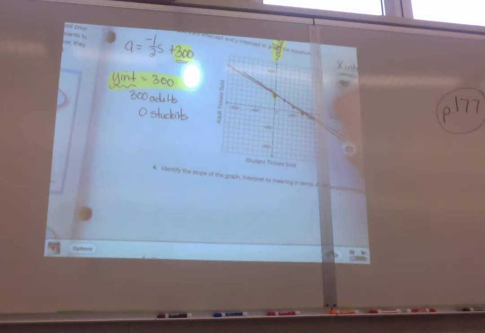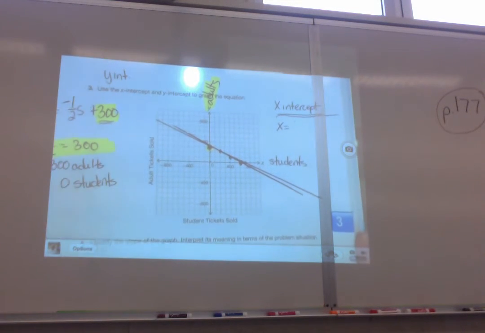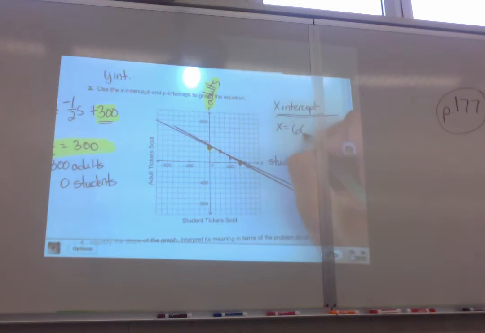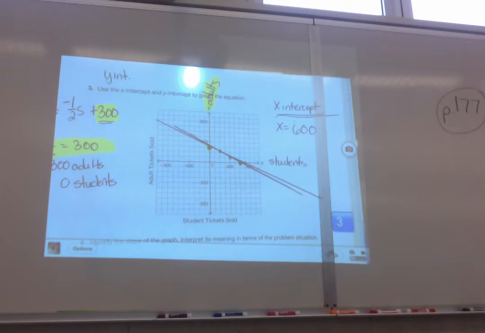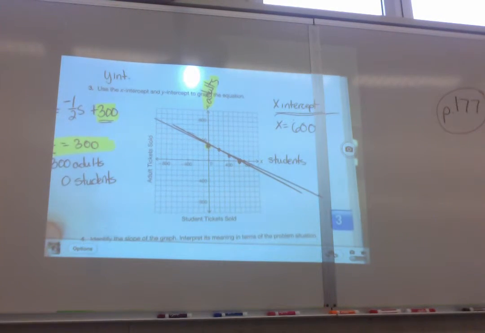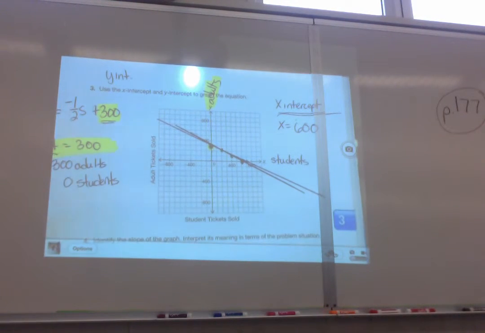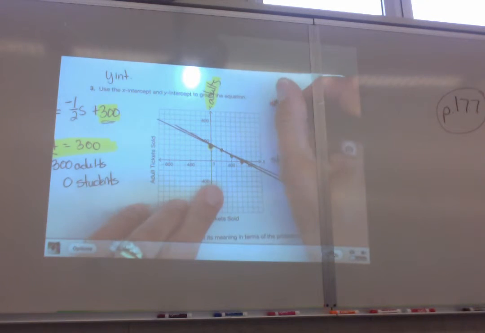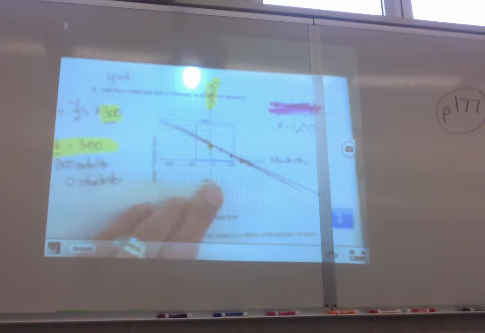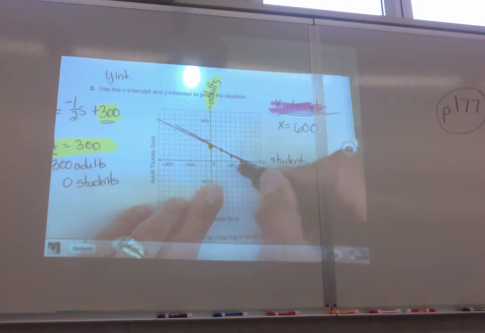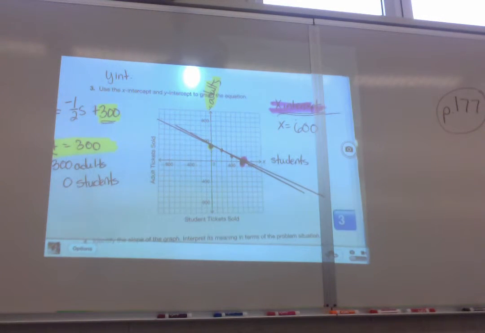Okay. So x-intercept happens when x equals... So x-intercept is where it crosses the x-axis. X is 600.